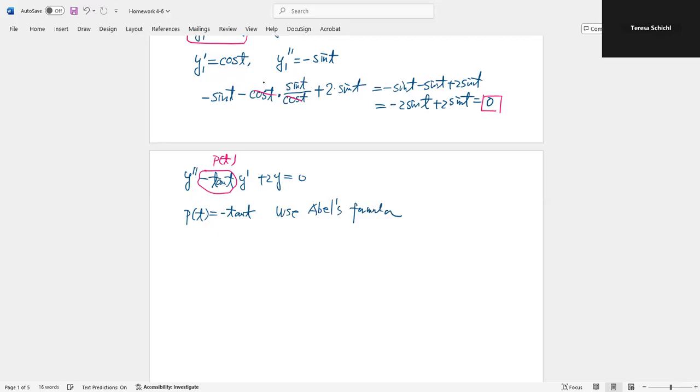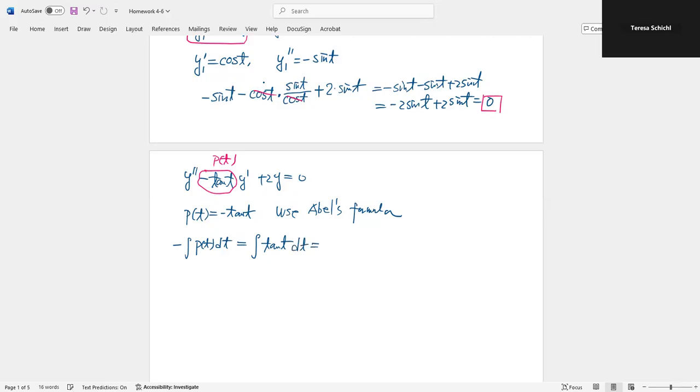So the Abel formula has the integral of negative p(t) dt. So this will just be the integral of tangent t. Because it's a negative of a negative, it's positive tangent t. So I have a positive tangent t dt here, and I need to integrate that.